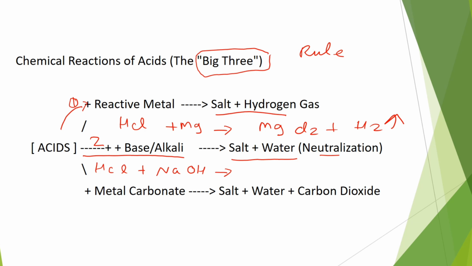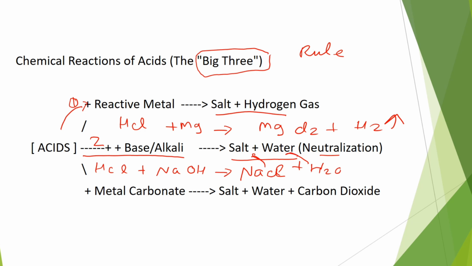Why? We will study this further. We will see ahead why sodium hydroxide is a base and why it is an alkali. When hydrochloric acid and sodium hydroxide are reacted, sodium chloride plus water is produced. Sodium chloride, you know, this is a salt, and H2O is the water.